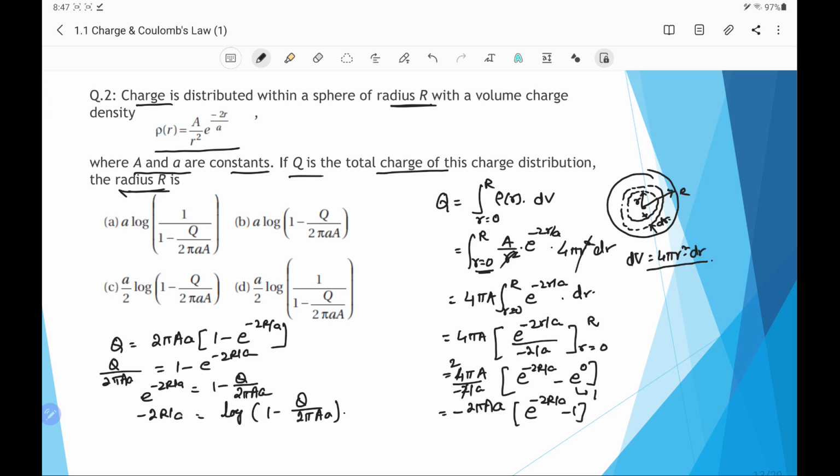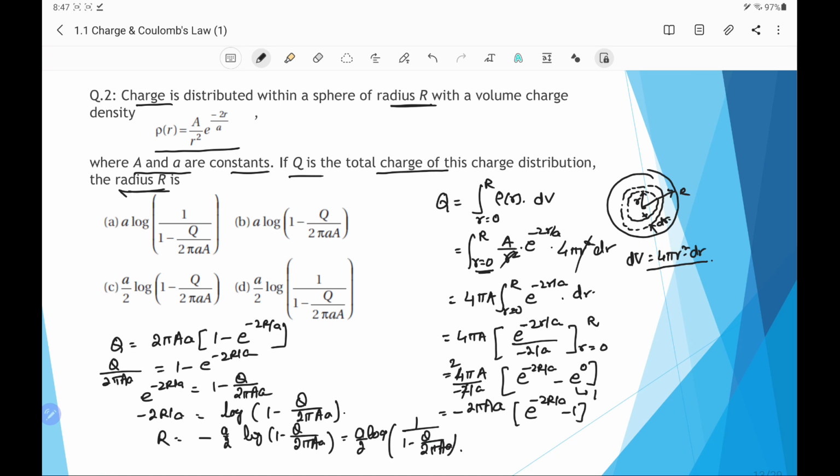We have to find the R. That means R is equal to minus a by 2 log of (1 minus Q by 2 pi A a). Taking the minus inside the log, it will result in R equal to a by 2 log of 1 by (1 minus Q by 2 pi A a).